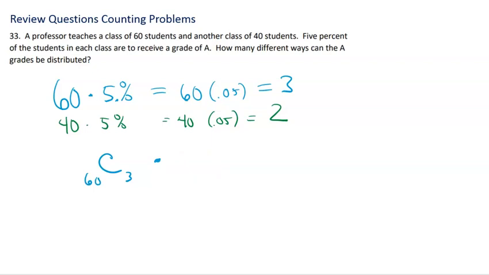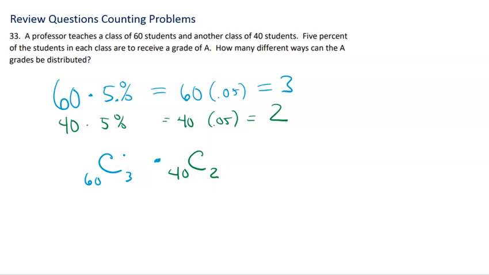This is going to be a combination again, because the order these 2 A's are in doesn't matter. So this is going to be 40 choose 2. So we need to figure out these calculations. We don't have any duplicate situations because these classes are separate. We don't have any people that are in both classes to worry about subtracting them out, thank goodness.